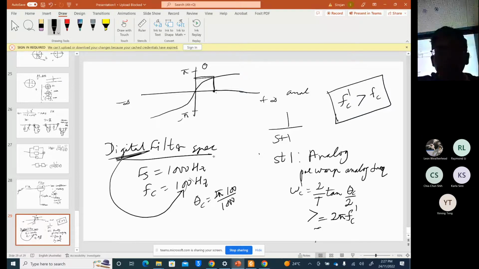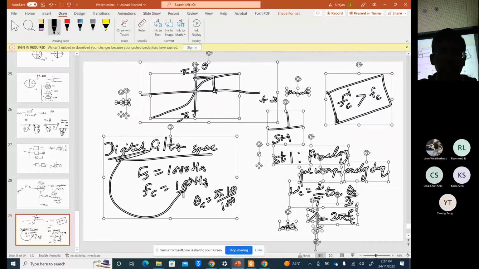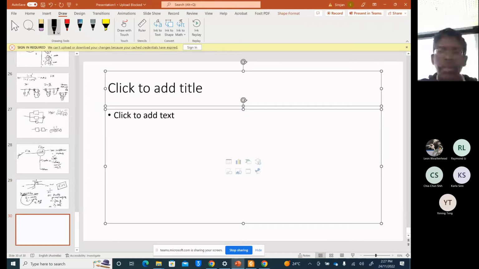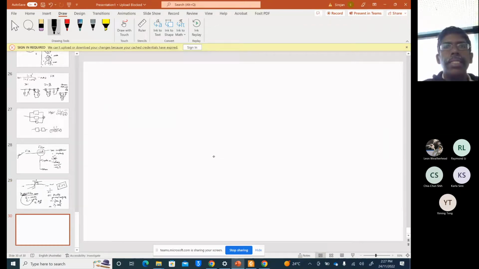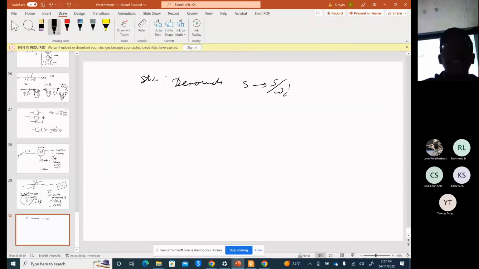Then what is your second step? Step 2 is denormalizing. Denormalize it, so S becomes S over omega c dash.